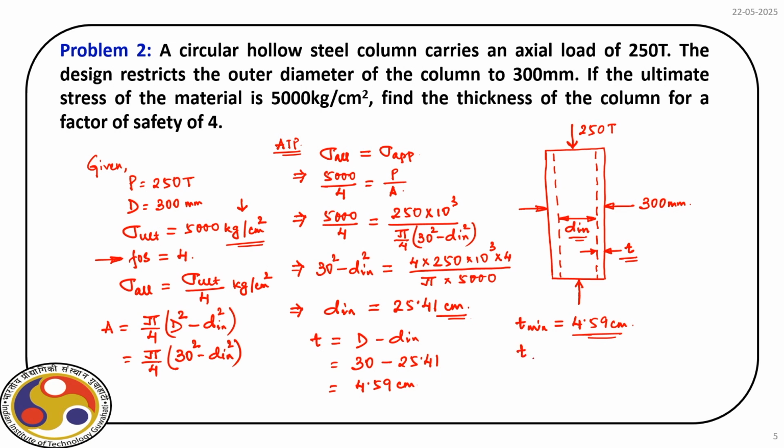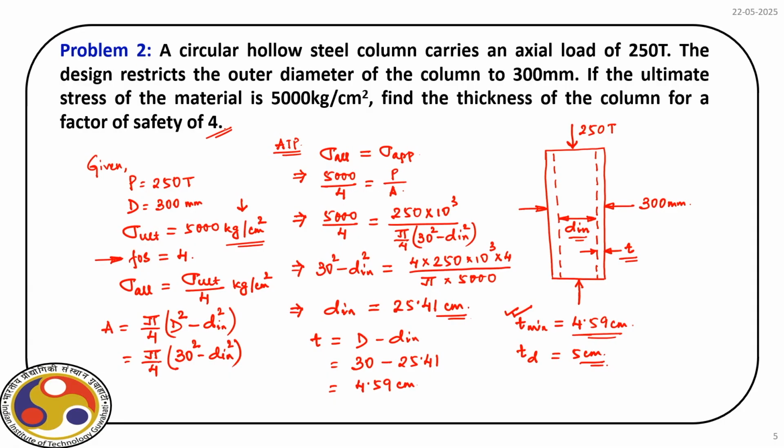Then we normally say T design will be equal to 5 centimeter, but we are not going into that domain. So, we will restrict ourselves here. Our minimum thickness is 4.59 centimeter. So, here in this problem you can see how we apply a new concept called factor of safety. Let us take a different problem, problem number 3.